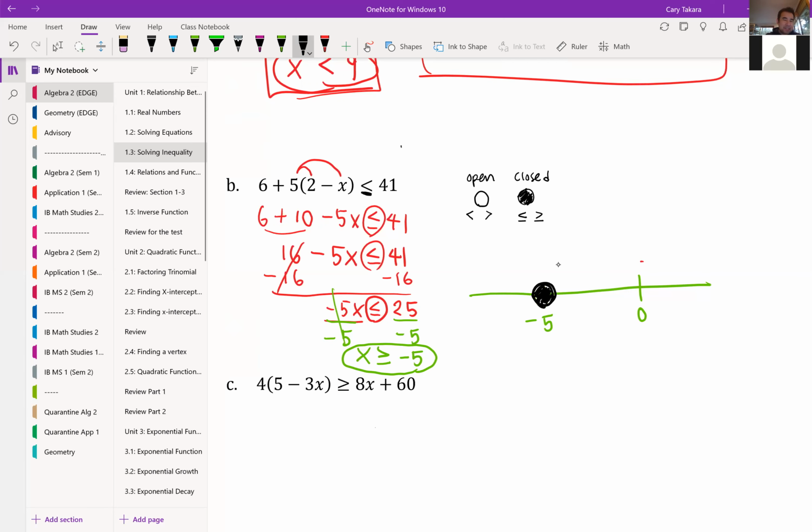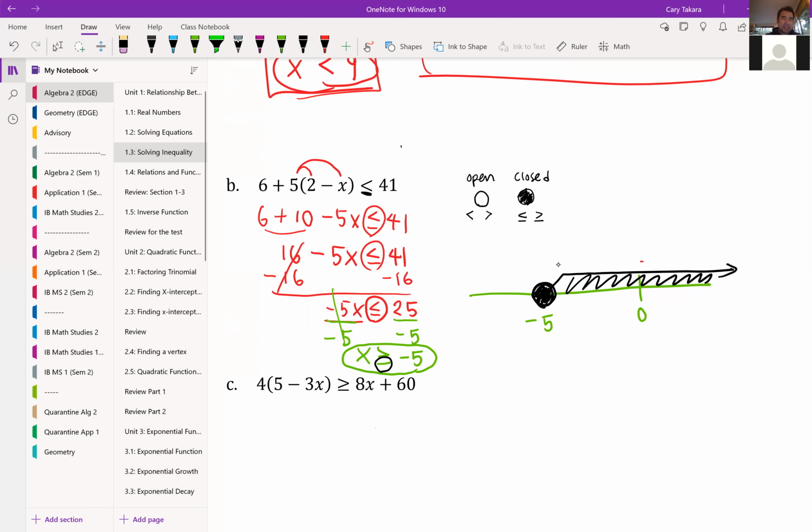Why is that? Because there is the equal sign. You see that? Greater than or equal to. So you have to fill that. And then it has to be greater than negative 5. So we're going to shade this way.